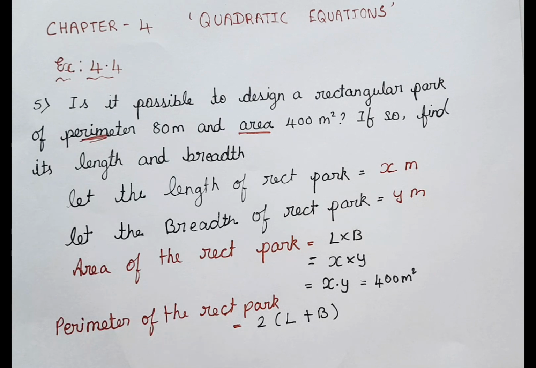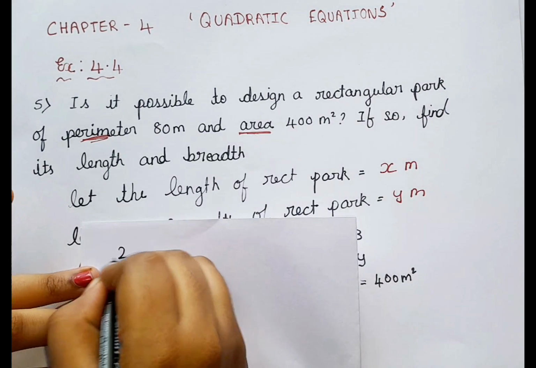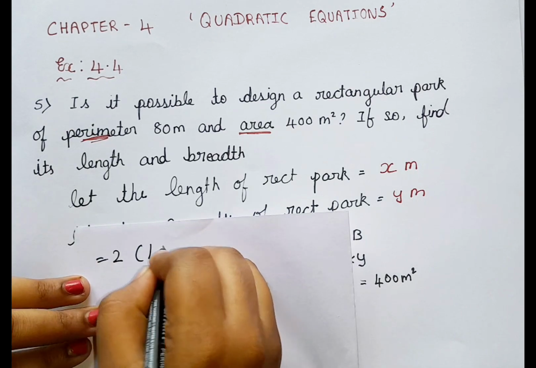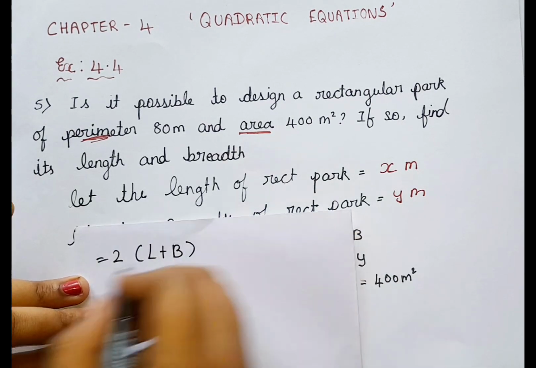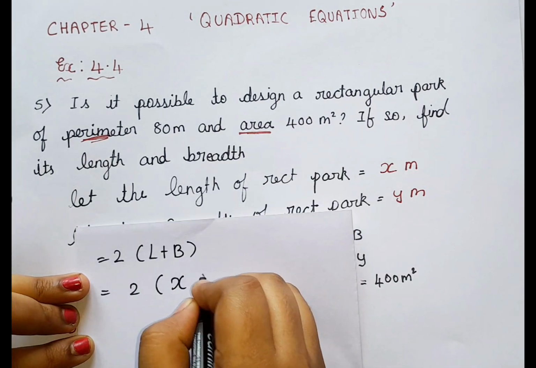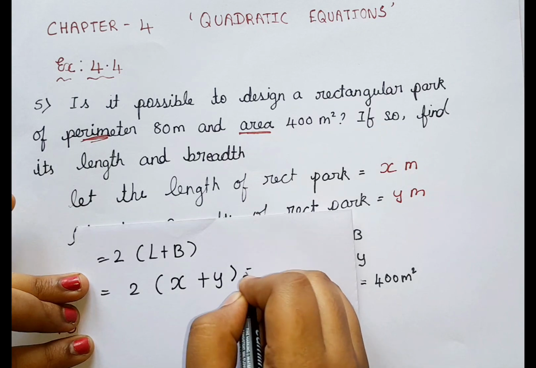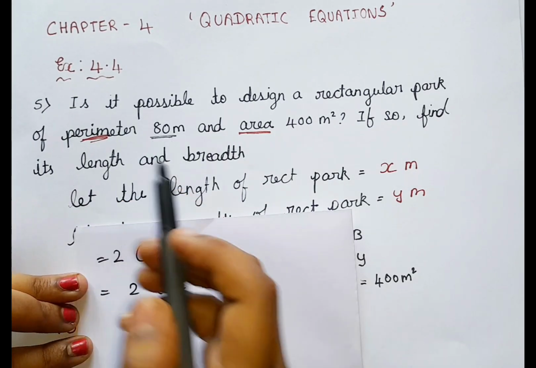This is the formula. Now we can substitute the L and B values. So it is equal to 2 bracket L plus B, which is 2 bracket x plus y, and the perimeter is 80 meter.